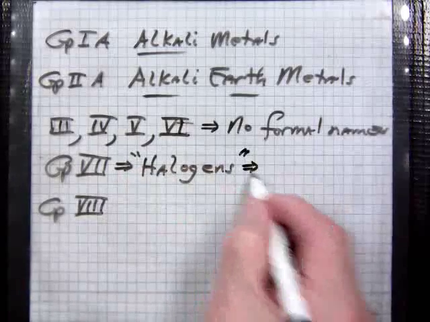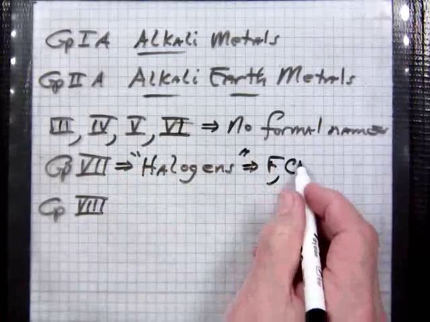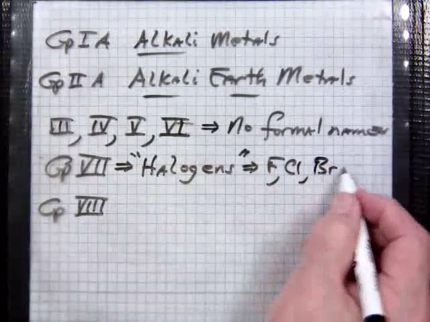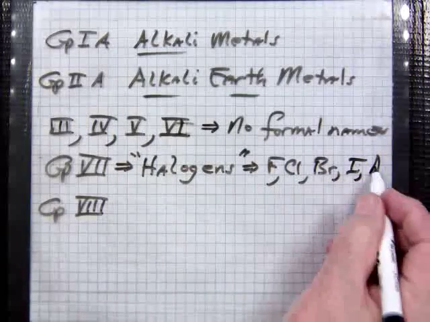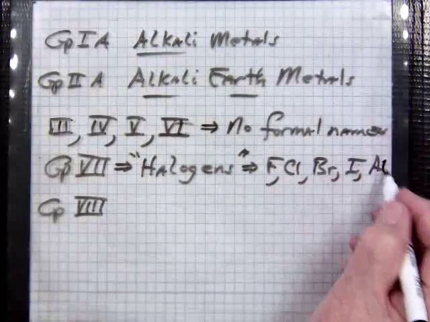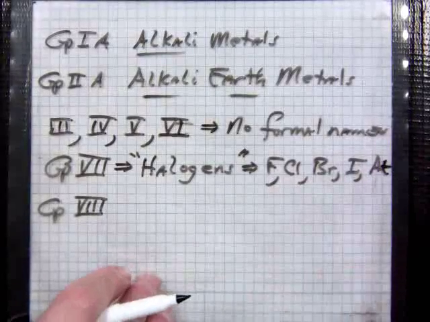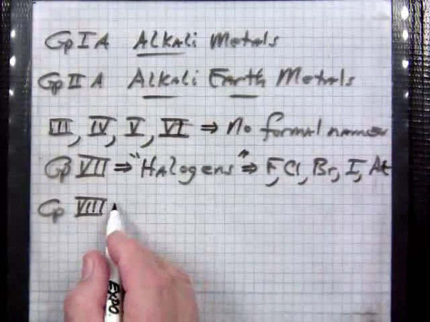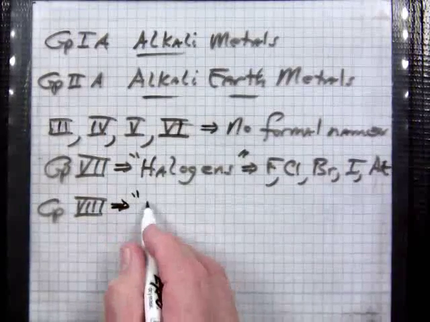And include fluorine, chlorine, bromine, iodine, and astatine. Group 8 are referred to as your noble gases.